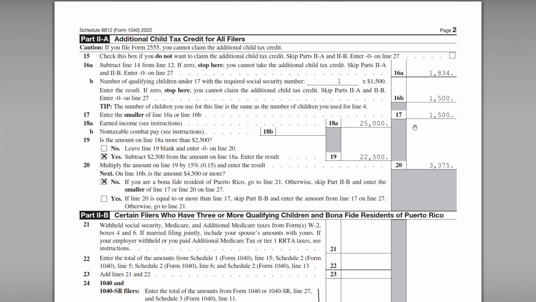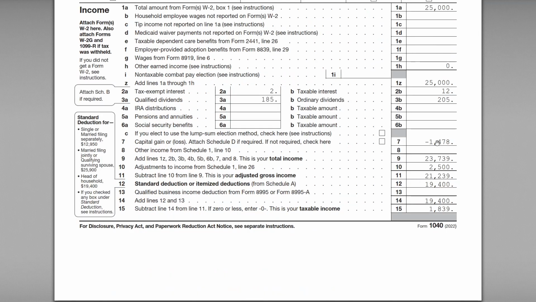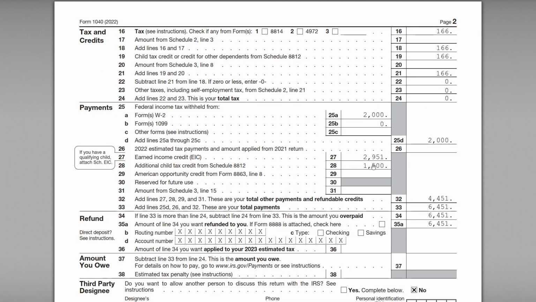And here in part 2A, we can see that if you have qualifying children under 17, just one, $1,500 is the maximum amount of refundable credit you can get. And so that's why after we do the math here, he's not getting $1,834 back. He's only getting the $1,500. That's why on line 28 here, we see $1,500 reported rather than the $1,834.